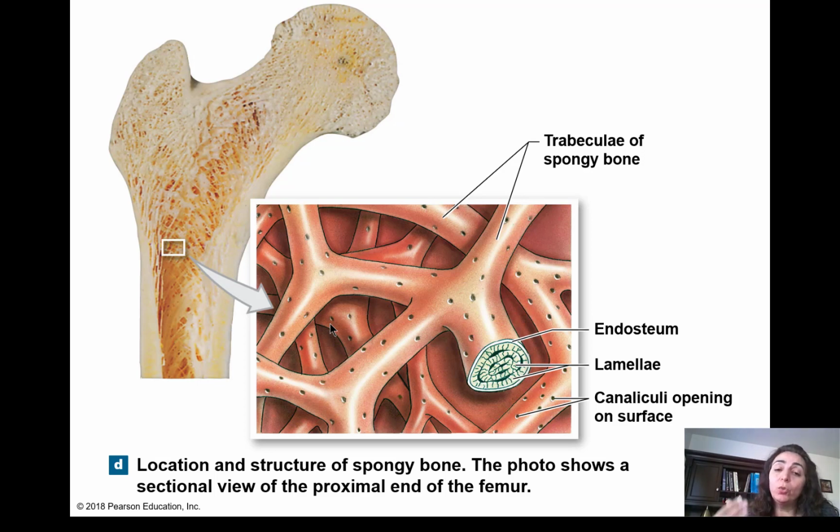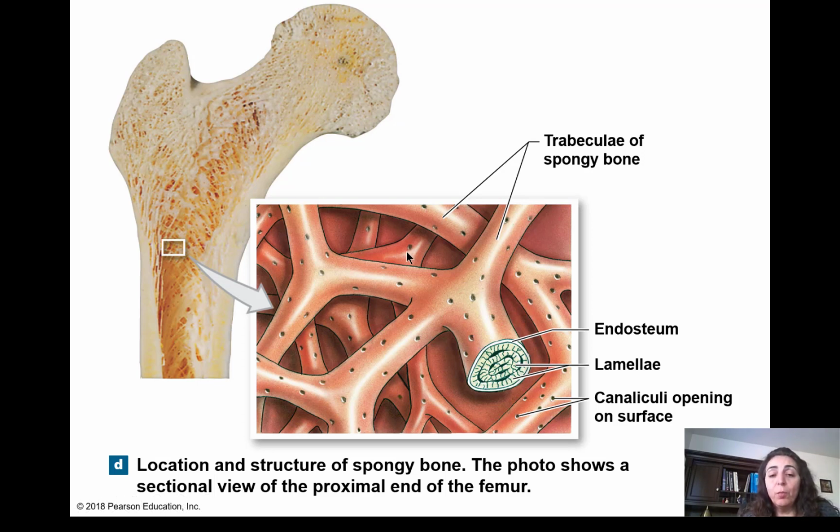So whenever we need stem cells for blood cells, we have to take them from the red bone marrow. And where in the body can we find red bone marrow? Inside the spaces between the trabeculae of the spongy bone.